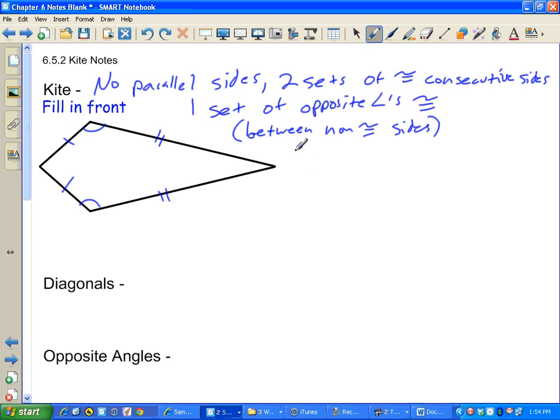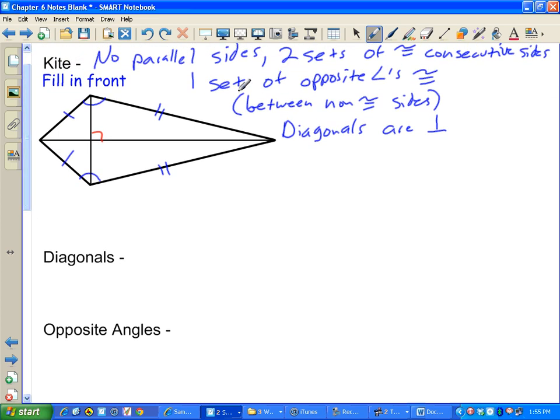The other property is that the diagonals are going to be perpendicular. Okay, so if I put my diagonals in here, they're going to make right angles with each other. So those are the properties of kites.